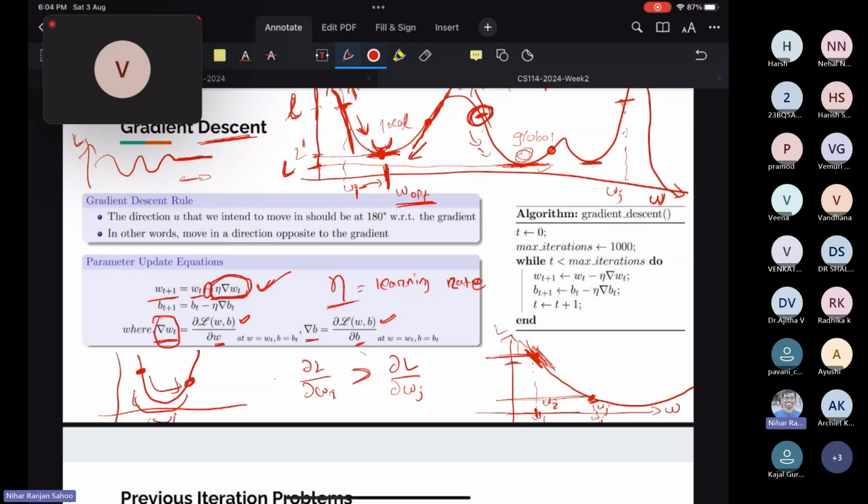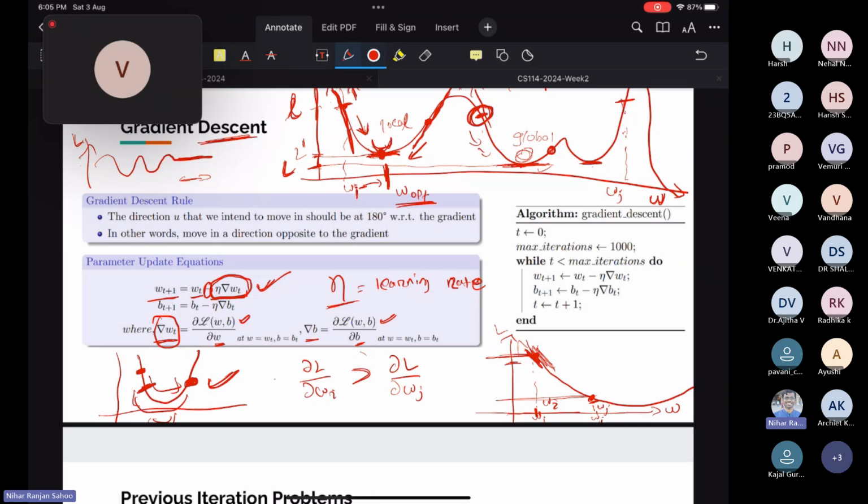If the slope is very steep, like in this plot, delta W will be really high. So if we multiply by, let's say, 0.1 or 0.2, instead of reaching this point, we'll reach this point. So that's the importance of the learning rate: how much importance you give to this delta W.